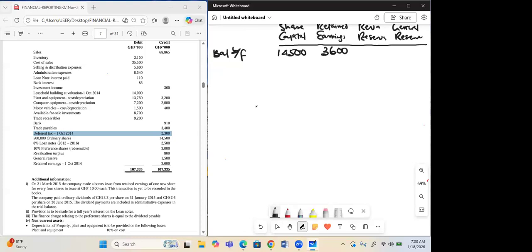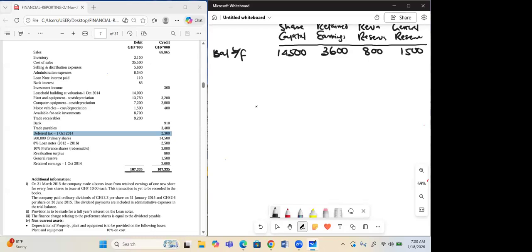Revaluation reserves 800. And general reserves 1,500.